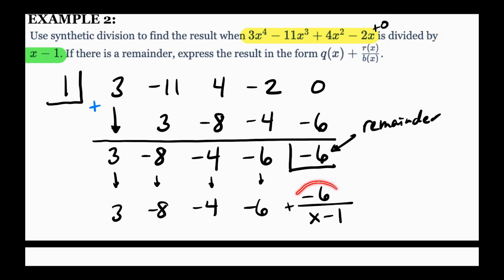So after the remainder is a negative 6. That negative 6 is going to take the place of the 0 over here, which didn't have an x, right? So that means negative 6 will stay negative 6. And then I go one up. Negative 4 takes the place of the negative 2 over here. So that means that guy has to have an x.